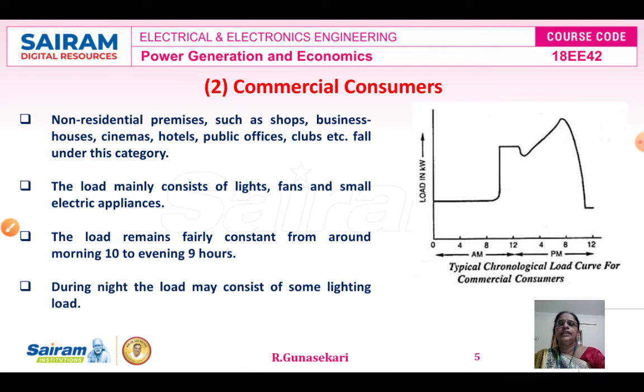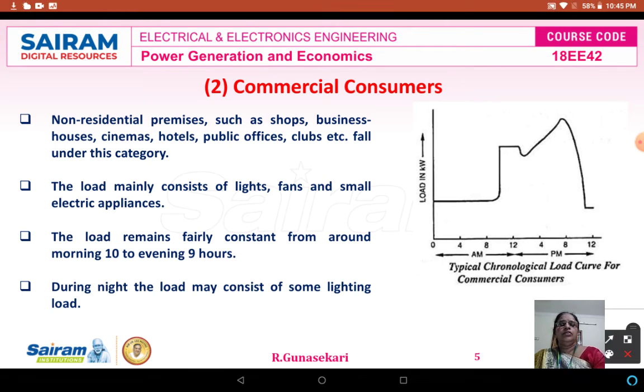The second type of consumer is commercial consumers. The commercial consumers are nothing but the non-residential loads, that is shops, business houses, cinema theatres, hotels, public offices, clubs. These all come under the commercial consumer load.